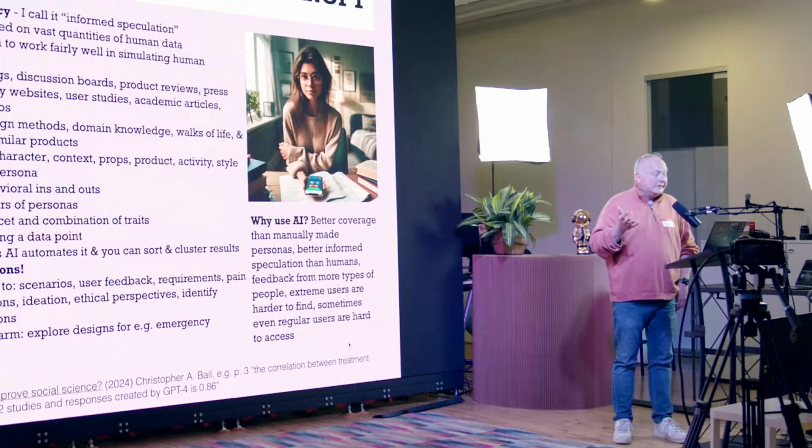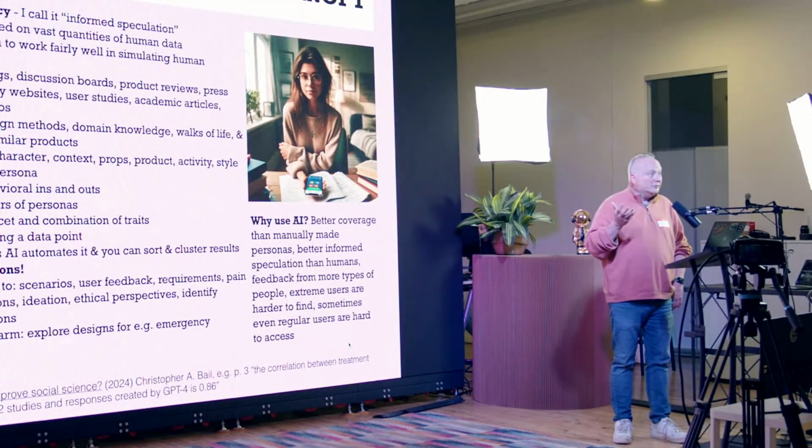That's 86% common with doing the study itself on real humans. A 0.86 correlation is a really great correlation, so it's really good at providing very good results that are similar to actual humans when it simulates.